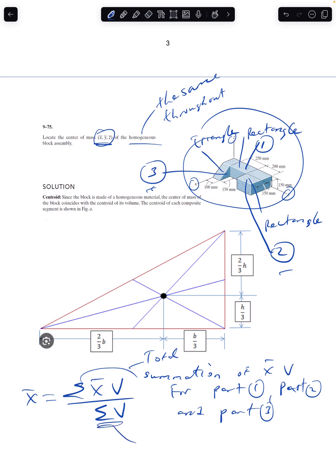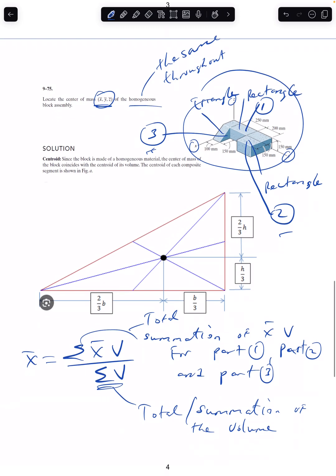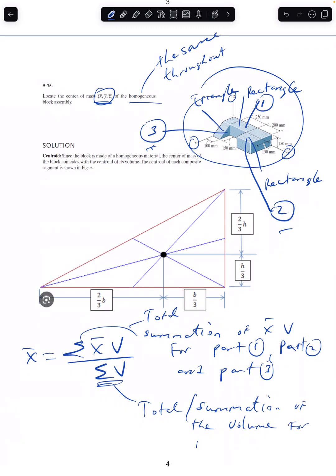And this is the total, or you call it the summation of the volume for part 1, for part 2, and for part 3.